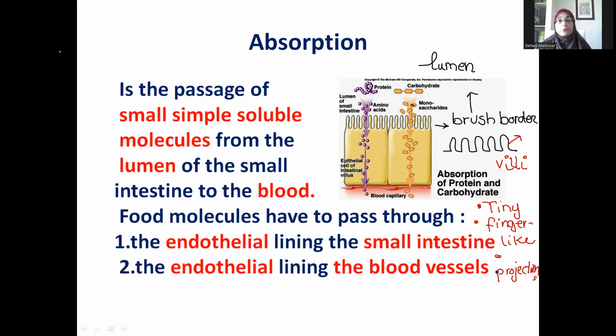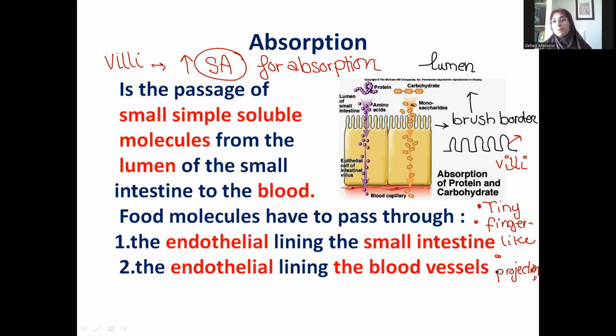What's the importance of those villi? The importance of those villi is to increase the surface area that is allowed for absorption. So the more villi you have, the more the rate of absorption.